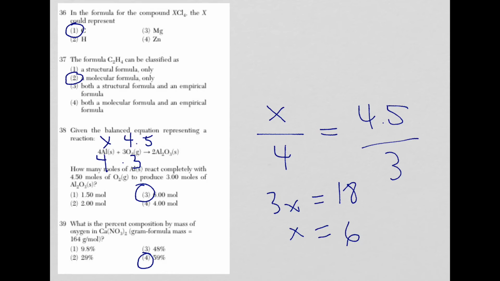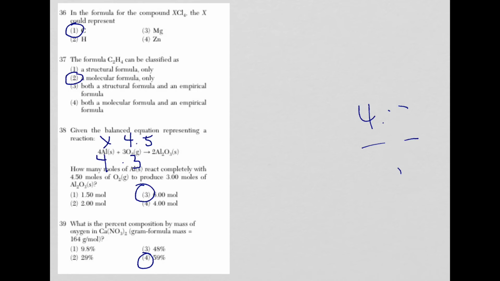Don't take the trick. Finally, for 39, we're looking for the percent composition by mass of oxygen in calcium nitrate. So what do I have to do for something like this? I'm dealing with a percent, and a percent always means a part over a whole times 100.